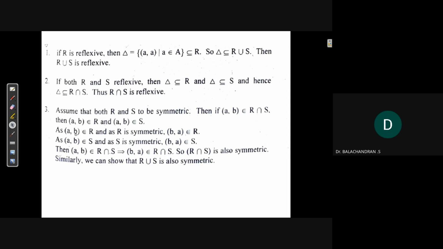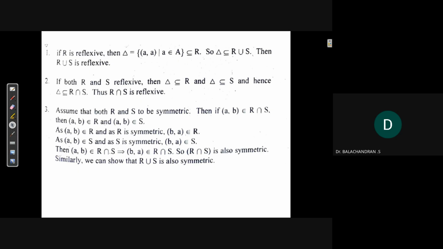And then we know that R is symmetric, so (A, B) in R implies (B, A) is also in R. Similarly, S is also symmetric, so (A, B) in S implies (B, A) is also in S. So now (B, A) is in the intersection, R intersection S. This implies whenever (A, B) is in R intersection S, (B, A) is also in R intersection S. So R intersection S is symmetric.